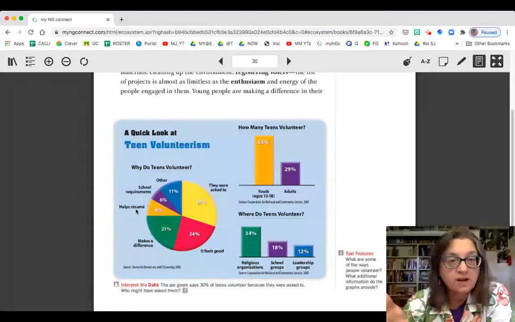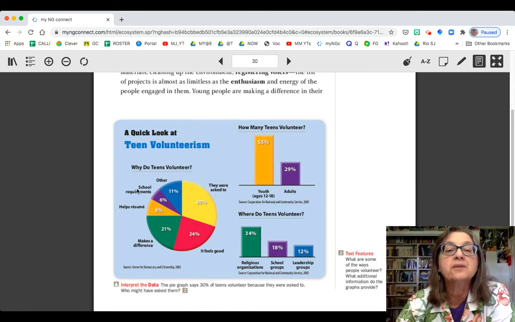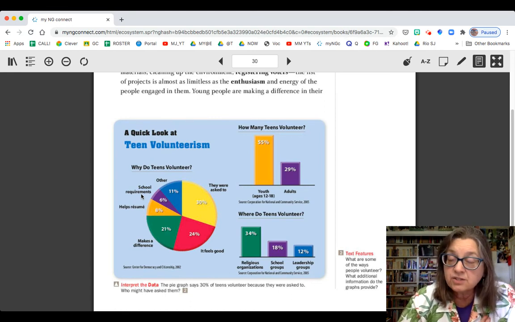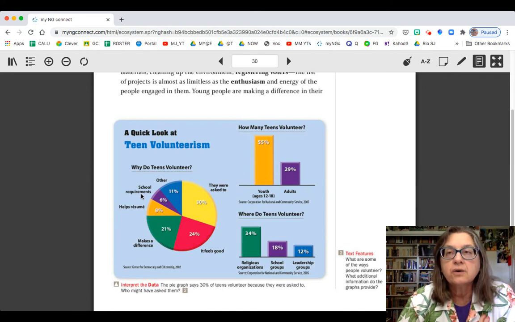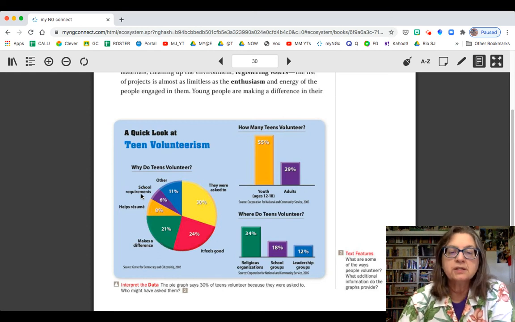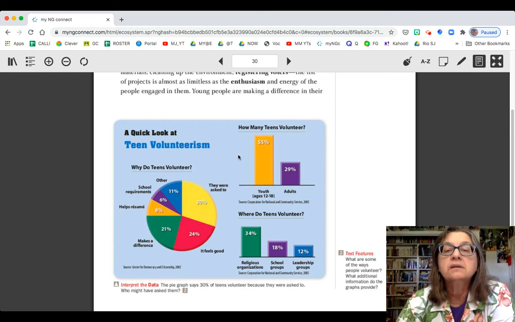If you're applying to college, they like to see that you've done some activities other than just staying and studying, that you're helping others. It's a school requirement, and that is true for some. There would be senior projects, or if you're in a course like Civitas at Rio, you will be doing some community volunteer work. And there are other reasons for doing it.